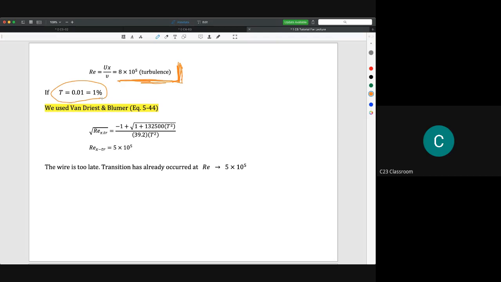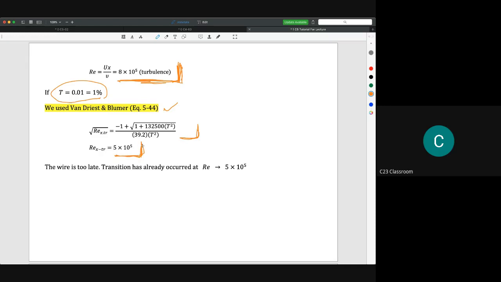So we take t equal to 0.01, and from the Van Driest and Blumer equation, which is equation 5.44 from the textbook, we could calculate the Reynolds number for transition. We substitute the value of t as 0.01 and solve it, so the transition Reynolds number is 5 times 10 to the power of 5.